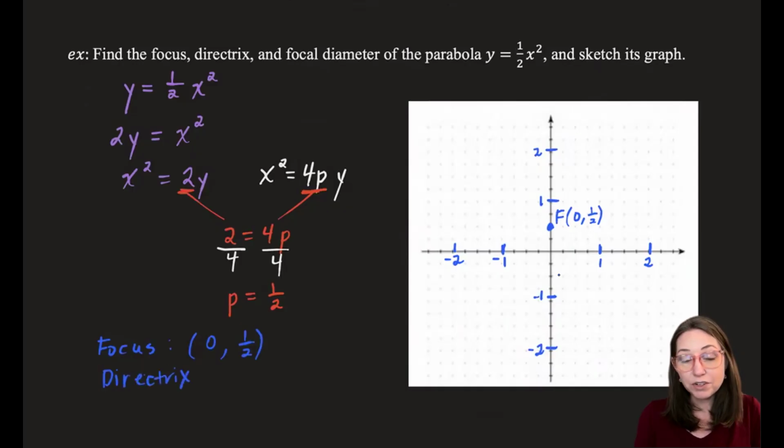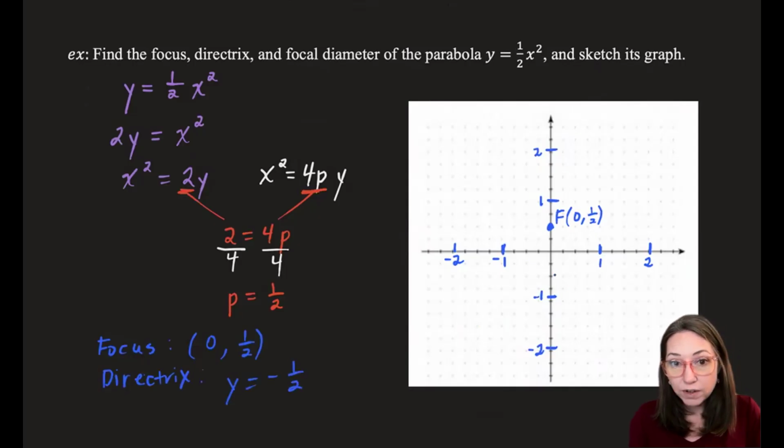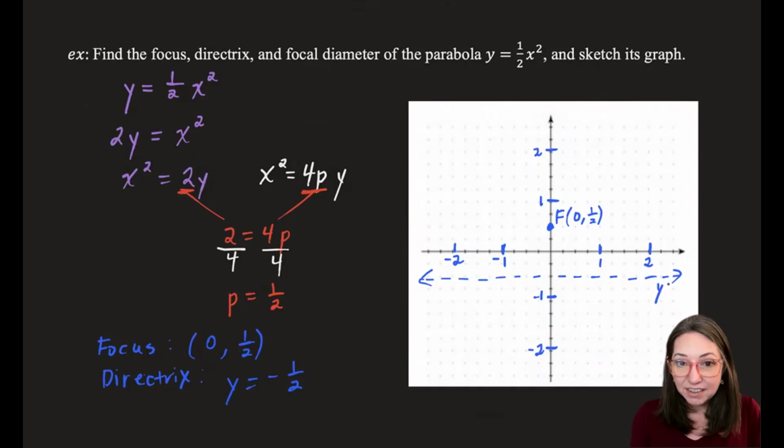If you're centered at the origin, it's the opposite side of the x-axis. So it's going to be down here at y is equal to negative 1/2. It is that horizontal line, so we're going to go right through here. There's that line. That is the directrix, negative 1/2, because it's always y is equal to negative p.